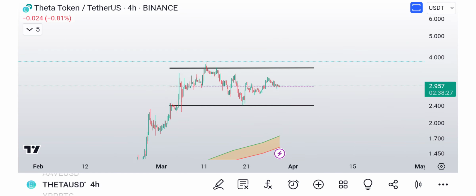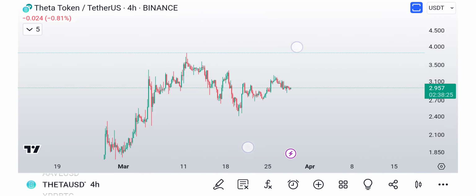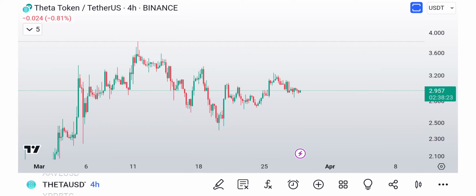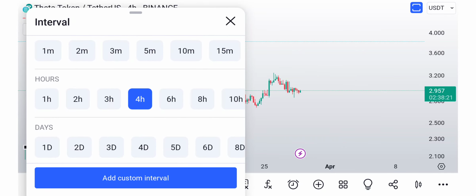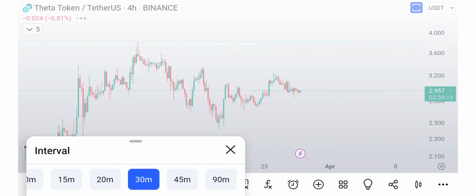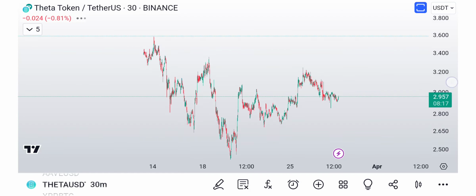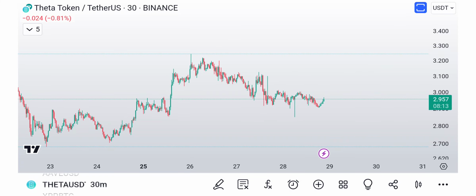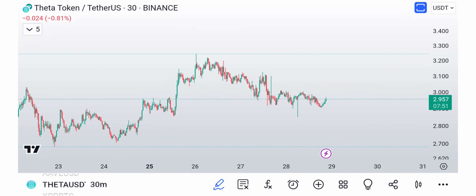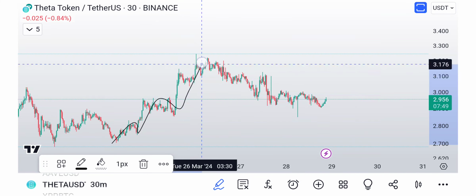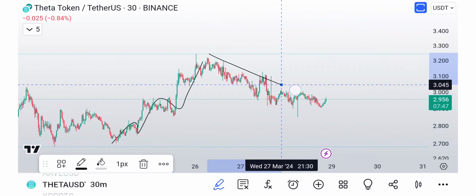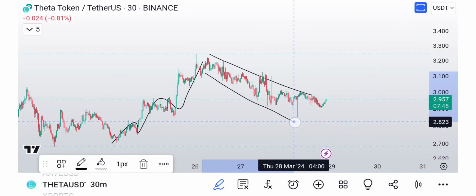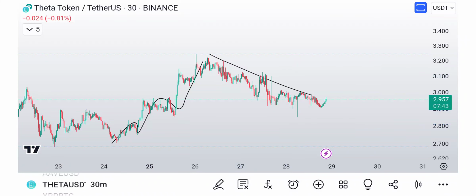Now that'll lead me to my next idea. But just to summarize real quick, let's go to the smaller time frame here. I'm liking this move that we're seeing right here. You've got this 1, 2, 3, 4, 5, and then you've got this descending channel again.